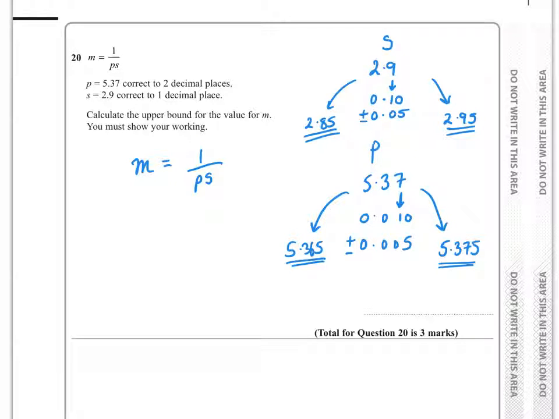So we want to calculate the upper bound, the most, for the value of M. Well, if we want the most, then we want the product PS, P times S, to be the least, because 1 divided by the least will work out to be the most.